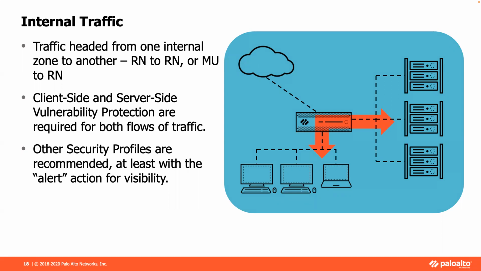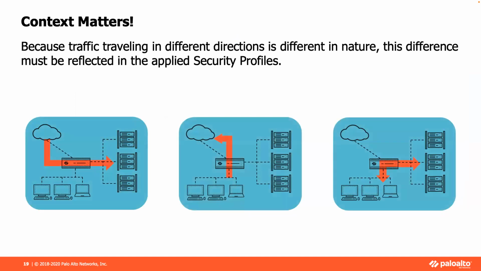And again, writing security profiles for directional traffic is a great idea, because there are subtle differences, stuff you want to think about for your users leaving the network versus staying internally. For viruses or file types or things like that, it could be different. So the context matters, the direction of traffic matters.